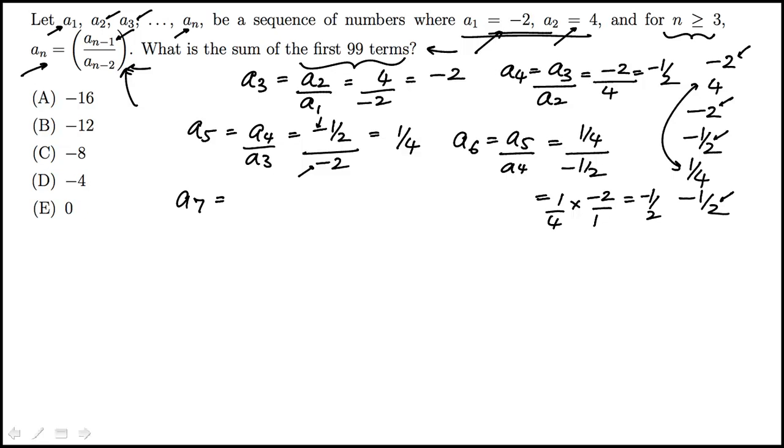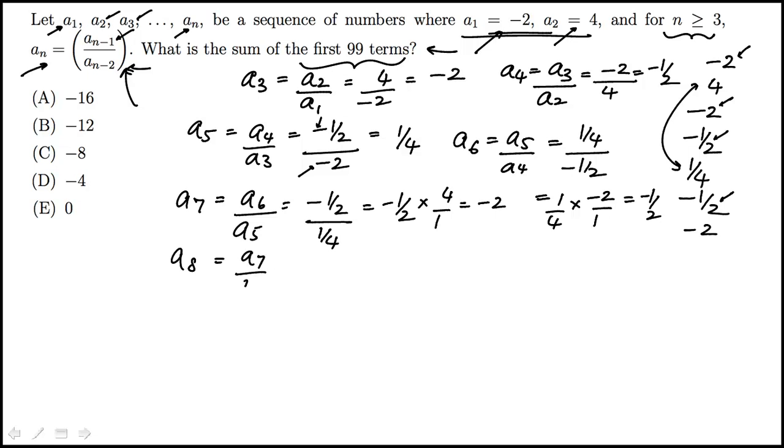And that's what makes this problem hard, is that you have to go quite a bit far out to see the pattern. A7 is A6 over A5. A6 is -1/2. A5 is 1/4. So this is -2. So it looks like we might be getting back to that, but let's see. A8 is A7 over A6.